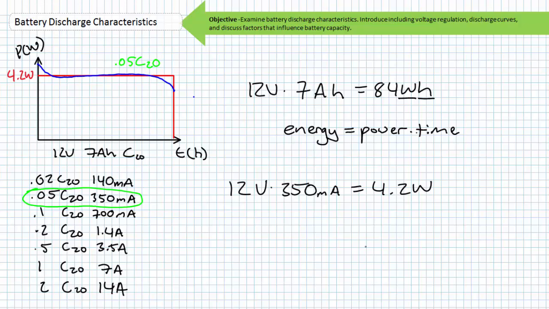If we assume an average working voltage of 12 volts times our constant current draw of 350 milliamperes, this means this is an average power dissipation of 4.2 watts. If energy is power times time, 4.2 watts over a period of 20 hours yields our anticipated energy delivery of 84 watt-hours. Again, a true, more accurate representation of energy delivered over the course of this 20-hour period is in actuality the area under the power curve.